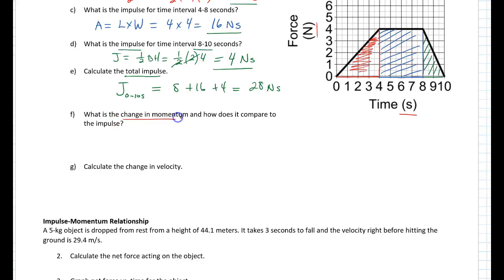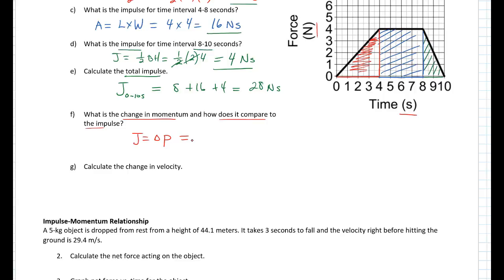What is the change in momentum, and how does it compare to the impulse? Recall the impulse-momentum theorem. It says impulse is equal to change in momentum. It's that easy.